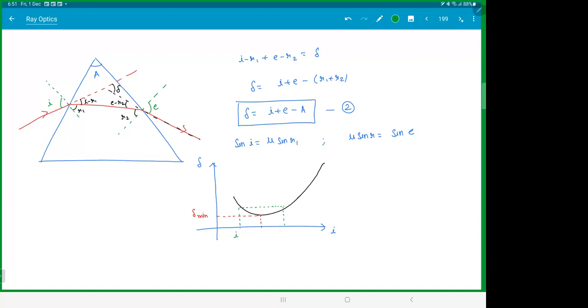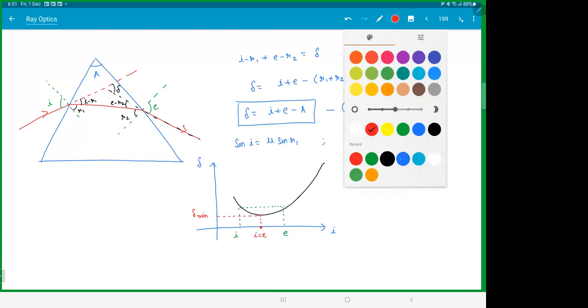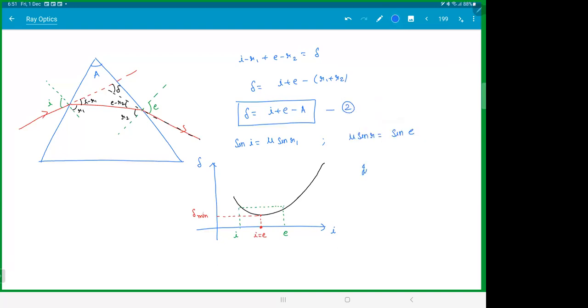If this is I, this is E, because I and E are interchangeable. So with the minimum deviation, I is equal to E. So basically, if I and E are interchanged, we get the same deviation.